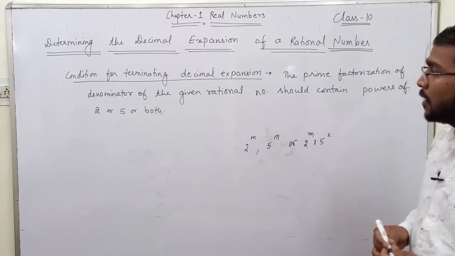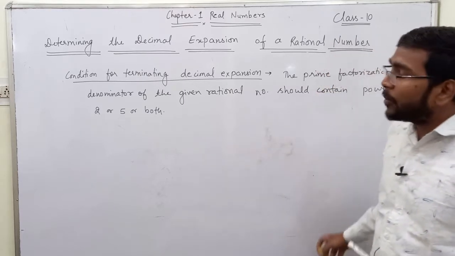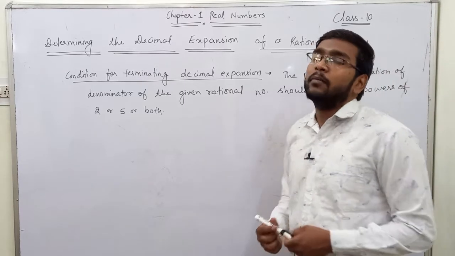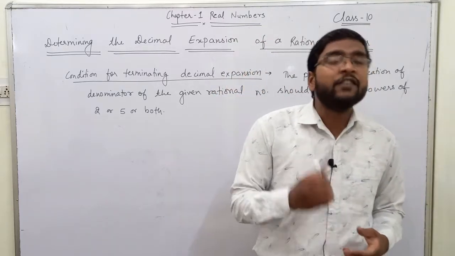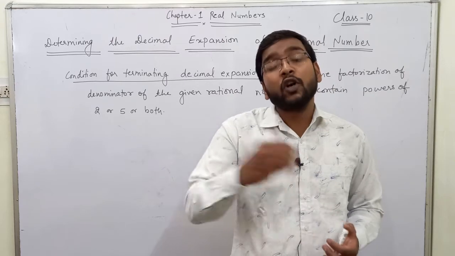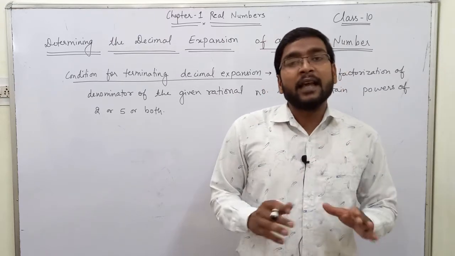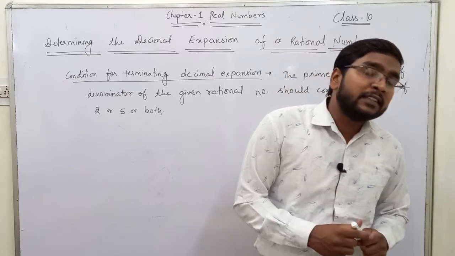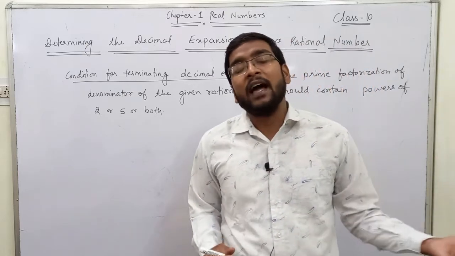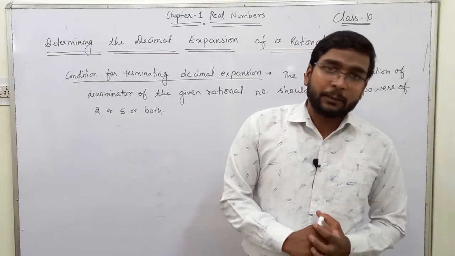So if the denominator of any rational number has 2, has 5, or has both 2 and 5 in its denominator and nothing else, then the number will have a terminating decimal expansion. Otherwise the number will have a non-terminating but repeating decimal expansion always.